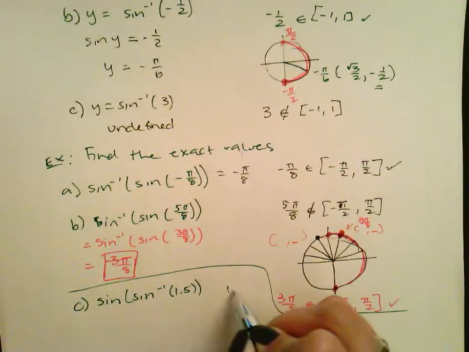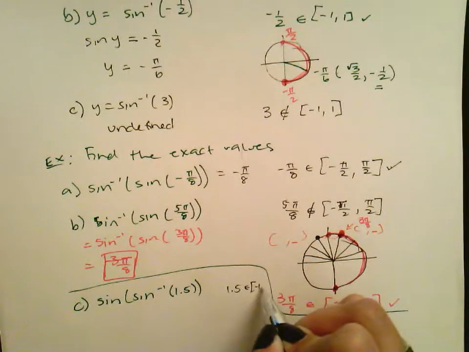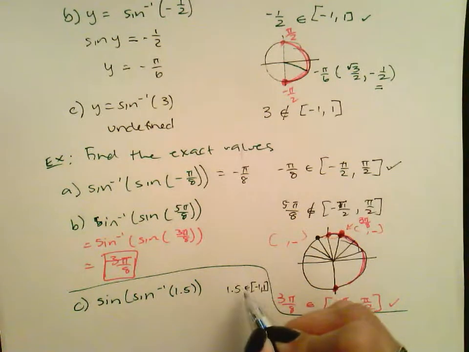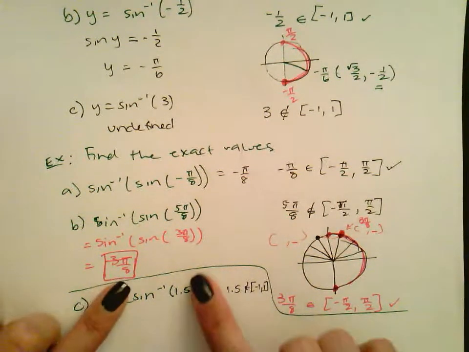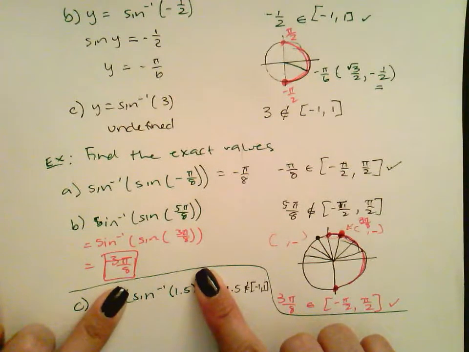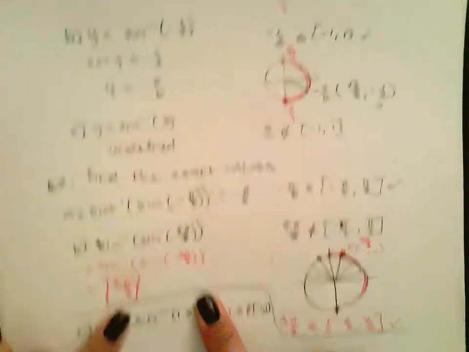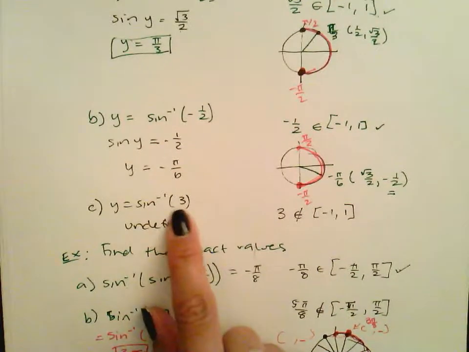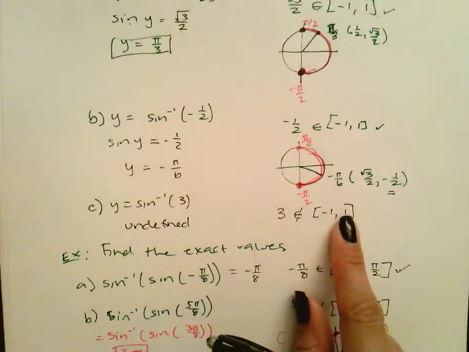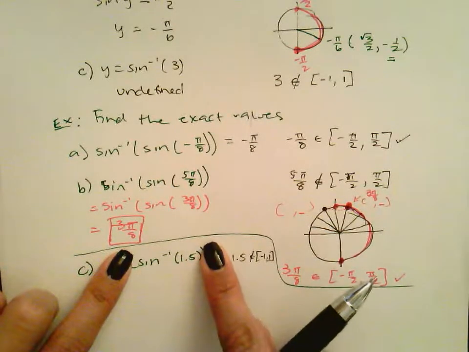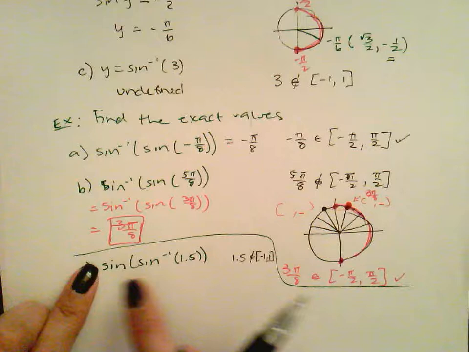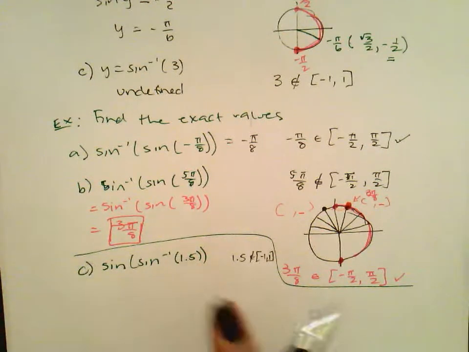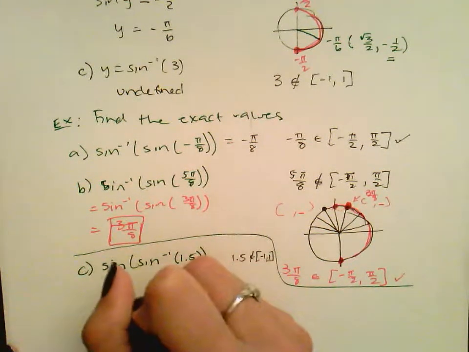Is 1.5 between negative 1 and 1? Because it's not, this portion is undefined, just like before, where the 3 was not within negative 1 to 1. So the sine of the sine inverse of 1.5 is undefined as well.